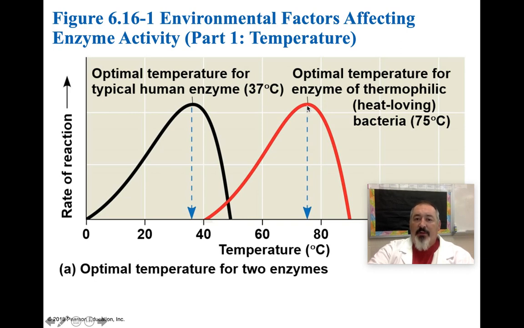And so they're going to be most efficient, running at their optimal speed at these temperatures. So this is pointing out that not all enzymes have the same optimal temperature. For those that are dealing with humans, they're typically around 37C, which is 98.6 degrees, our body temperature. And you have other things that are in a completely different range, like at our body temperatures, those things won't live at all.